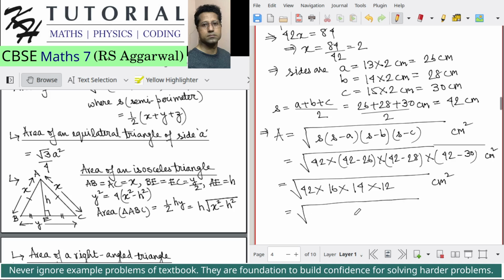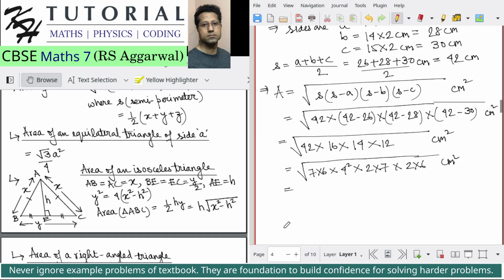So 42 is 7 into 6. We have 16, which is 4 square. 14 is 2 multiplied by 7, and 12 is 2 multiplied by 6. Let's form squares of numbers inside the square root.